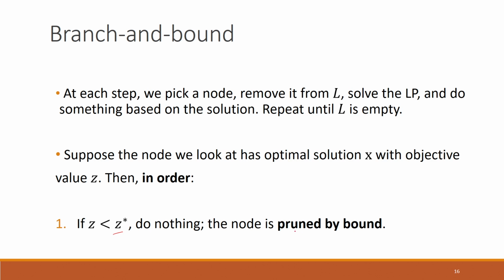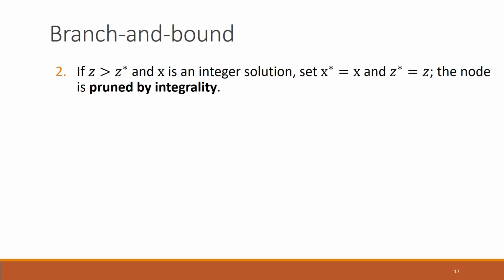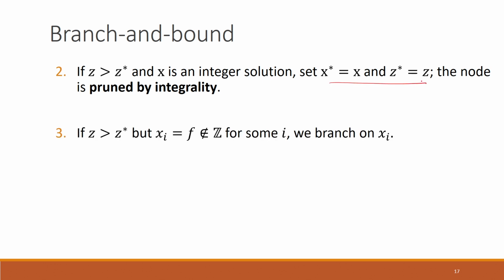Therefore, we prune that branch because of bound. Suppose z is greater than z star and x is an integer solution. So we have found an objective function value greater than the best we know so far, and we have an integer solution. In that case we update our integer solution, and this node is considered pruned by integrality.